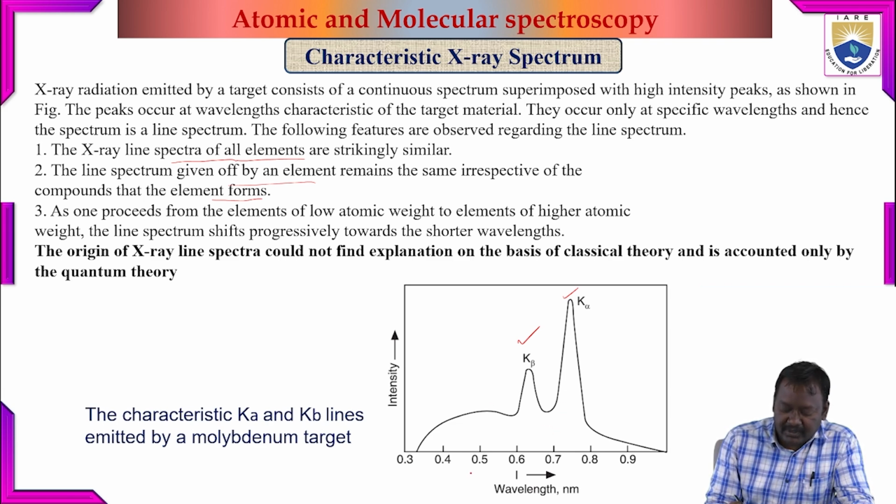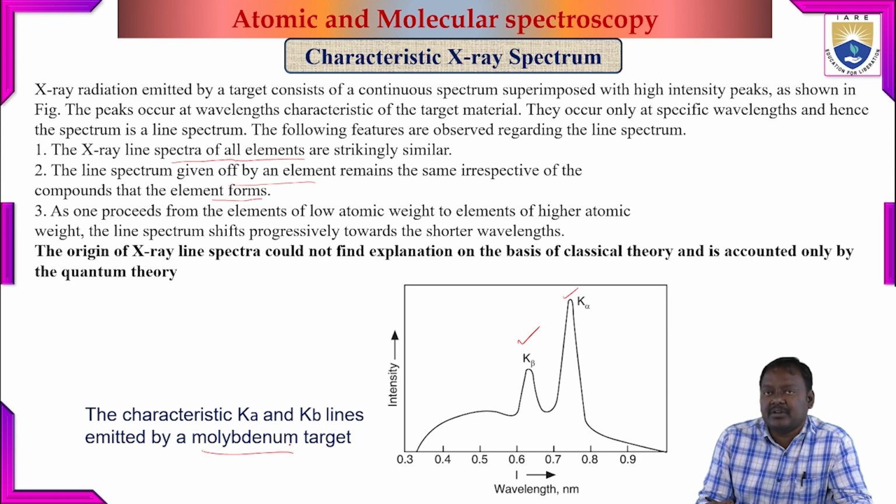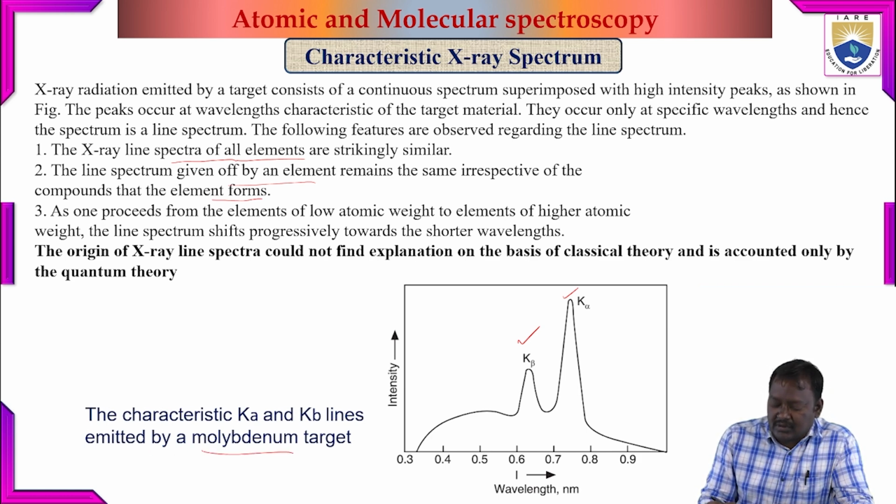This is the spectrum observed for molybdenum. There are two lines, the K alpha line and the K beta line. The same spectrum is observed for other elements also.